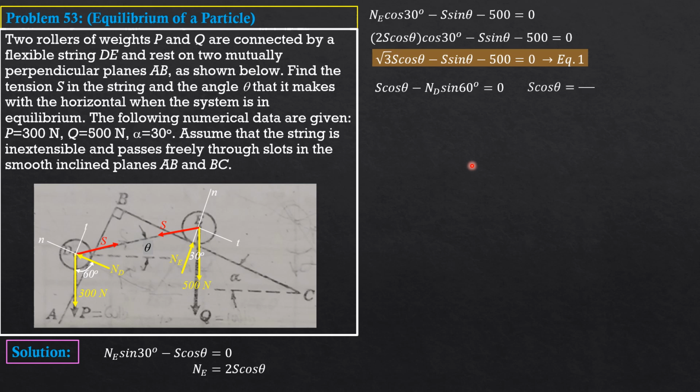So that means S cosine theta equals square root of 3 over 2 times ND. Then summation of forces vertical: S sine theta plus ND cosine 60 degrees equals 300. From the previous equation, ND is 2S cosine theta over square root of 3. Substitute here, then cosine 60 is 1/2, equals 300.